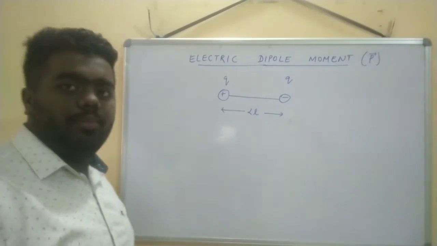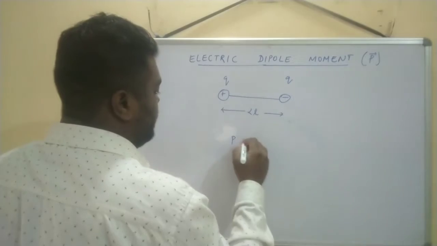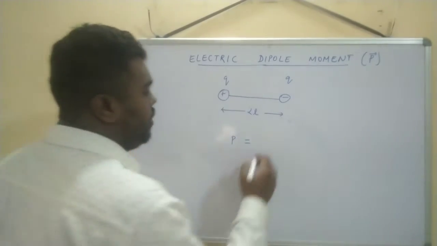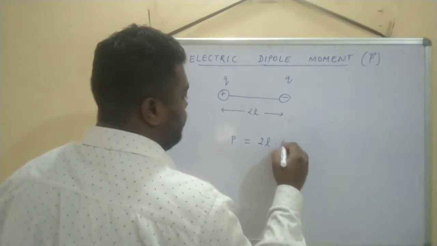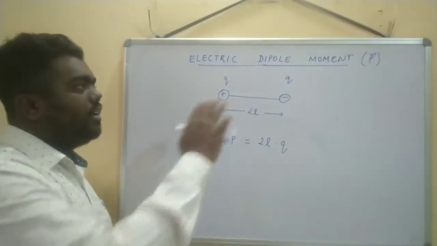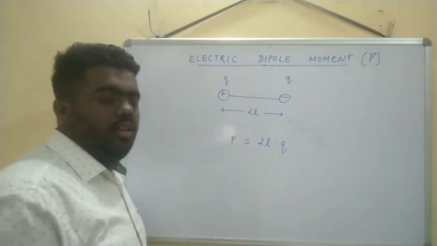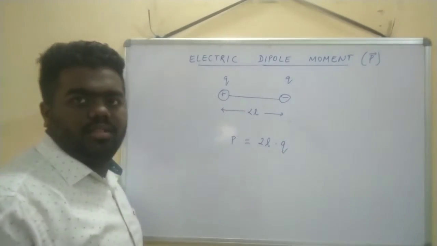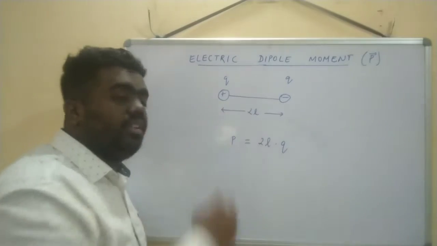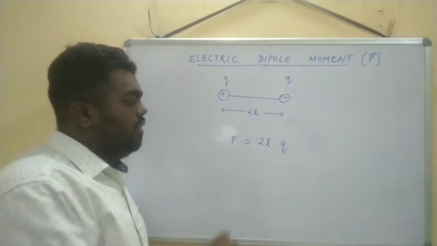Now what is electric dipole moment? First we will see the formula, then we will make the definition. P is equal to 2L into Q. Means electric dipole moment is the product of the magnitude of the charge and the distance between the two charges. Please note it down.